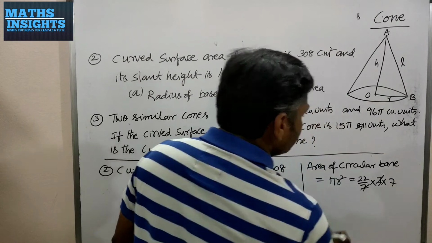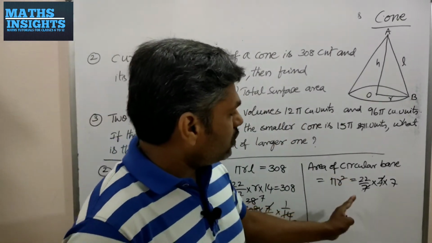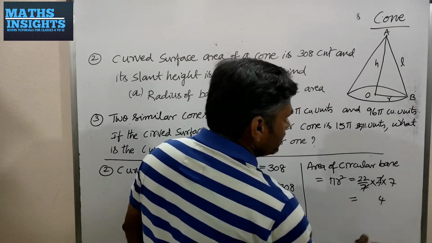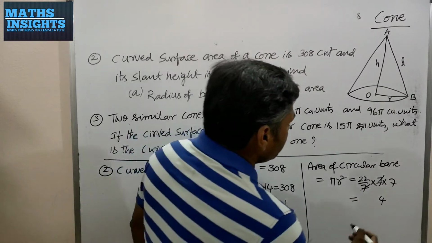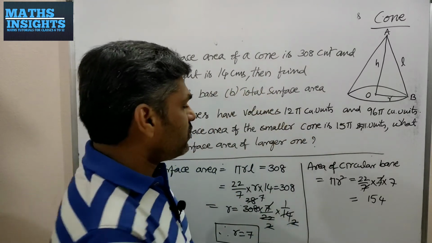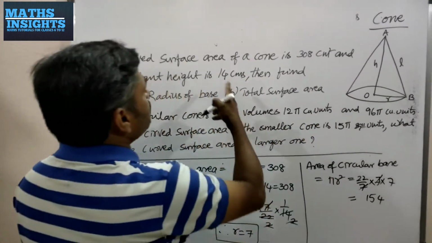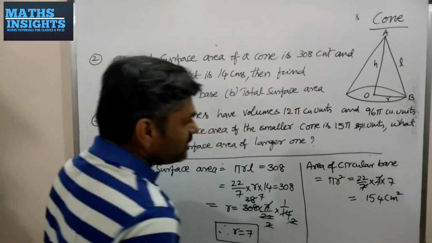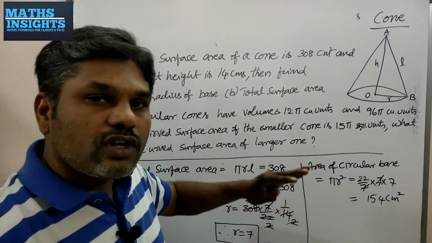So if you cancel this 7, you will have 22 into 7, that is 154. What are the units? They have given centimeter square. This is the area of the circular base.